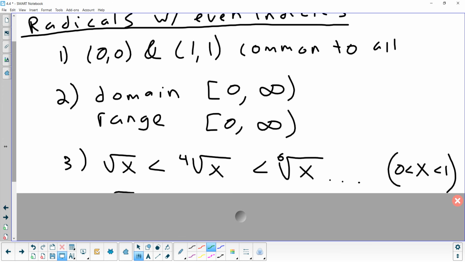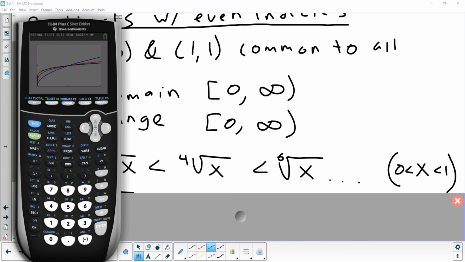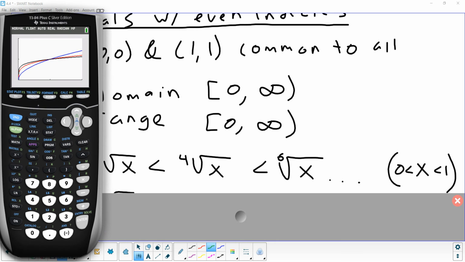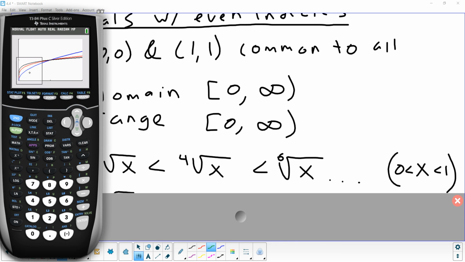And when you're dealing with values between 0 and 1 for x, in other words, when you're dealing with what you can see in this section here, the square root is smaller than the 4th root, which is smaller than the 6th root.